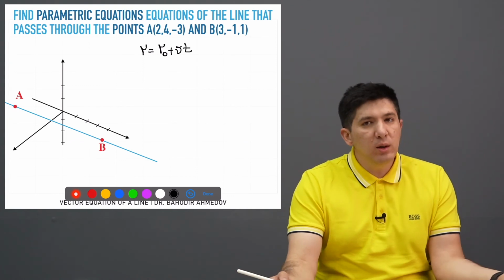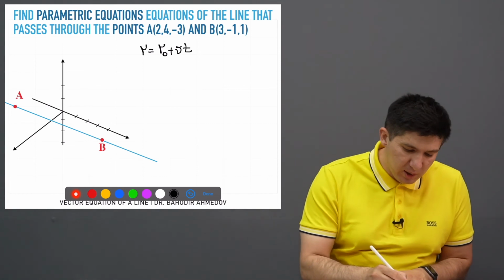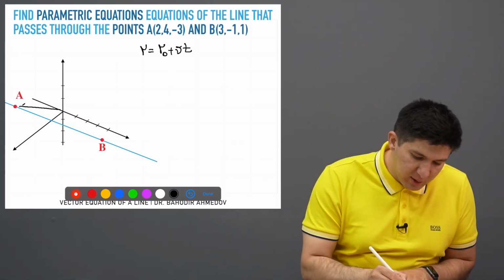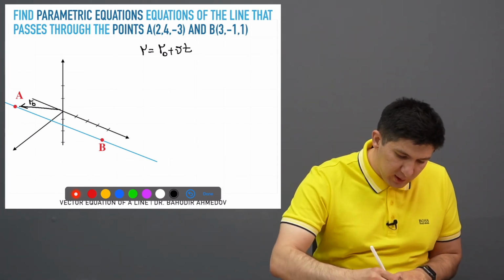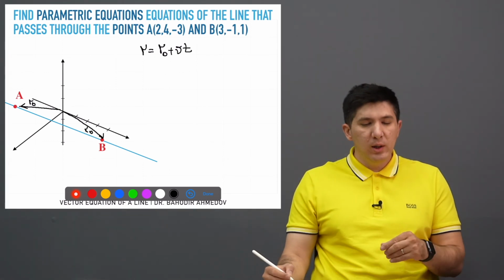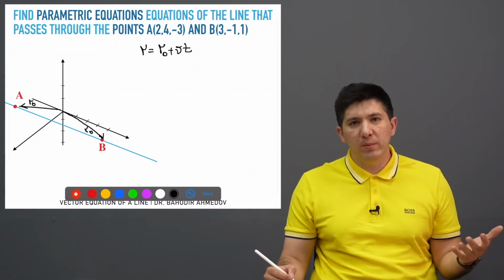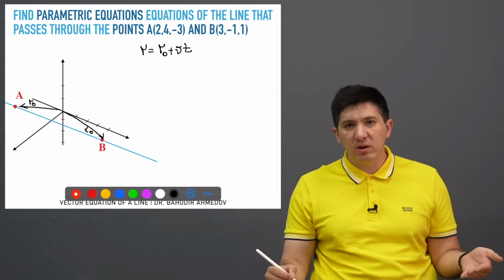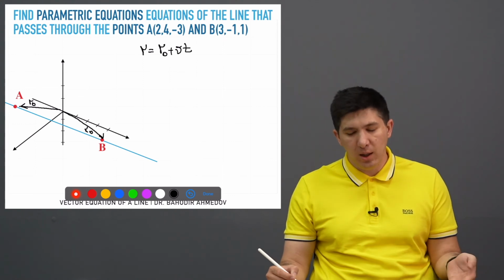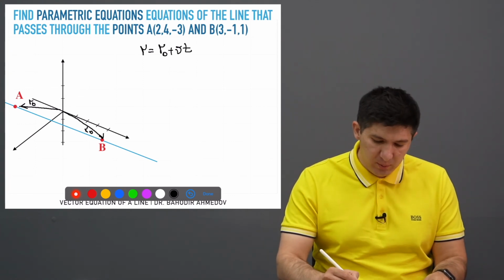You are given 2 possible r0s, and you can take either one as r0. It doesn't matter, right? But the problem is you are not given the v vector.